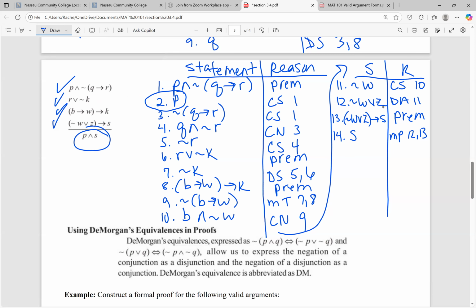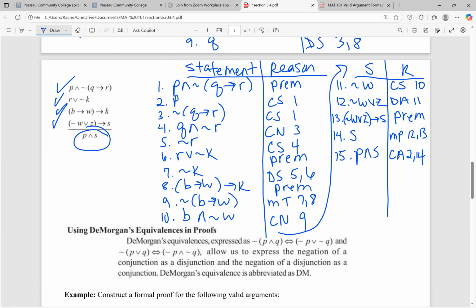So we can join them with a conjunction, right? So P and S is true because of my conjunctive addition. And that's going to be on statements 2 and 14. And that wraps up that proof because we just showed that the conclusion is true.